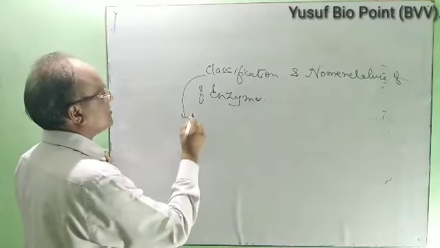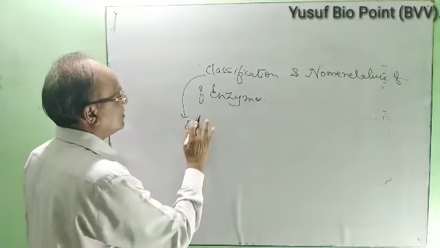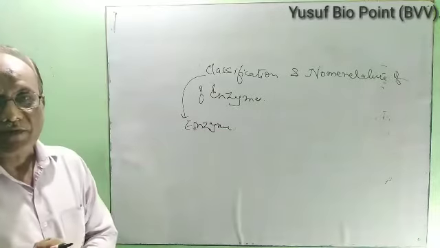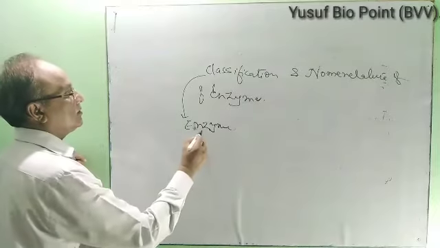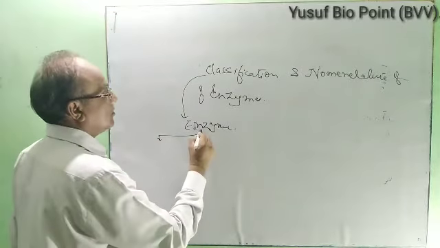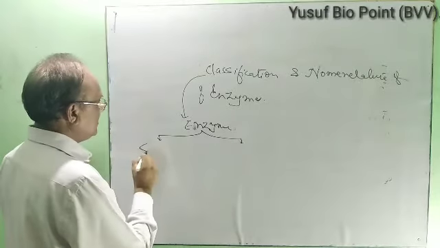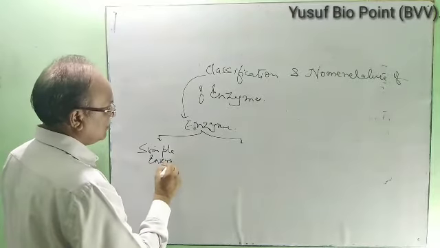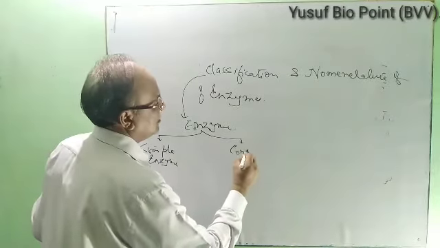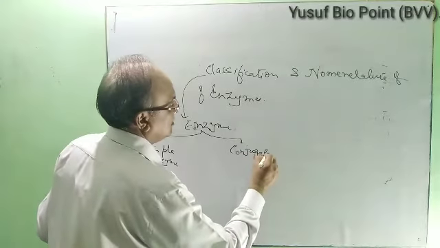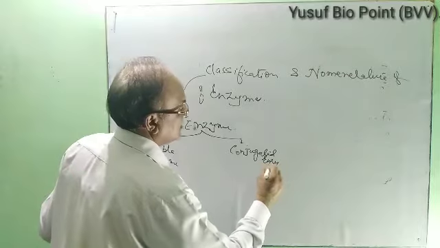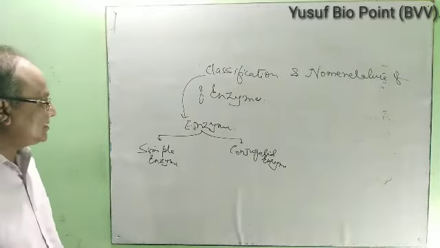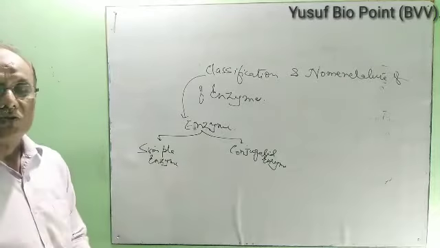According to the first classification, the enzymes are classified into two groups. One is simple enzymes, next one is conjugated enzymes. These are the two types. One is simple enzymes and next one is conjugated enzymes.